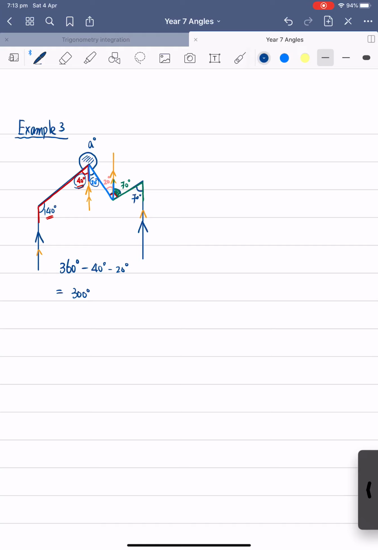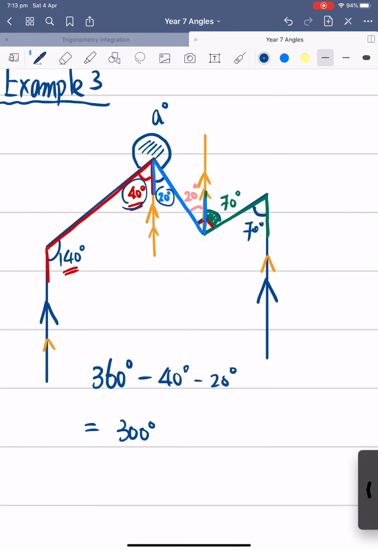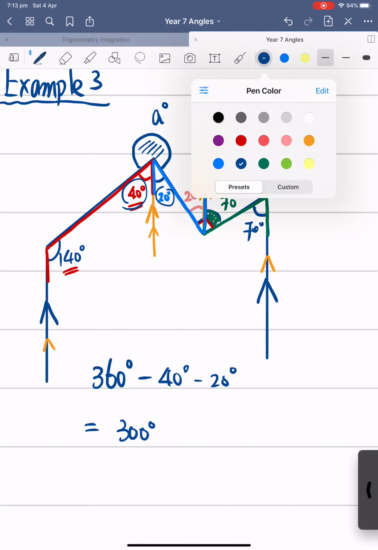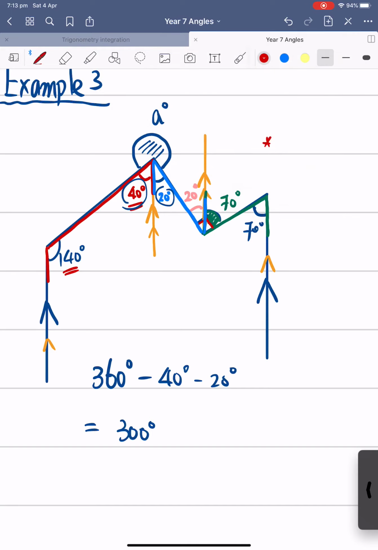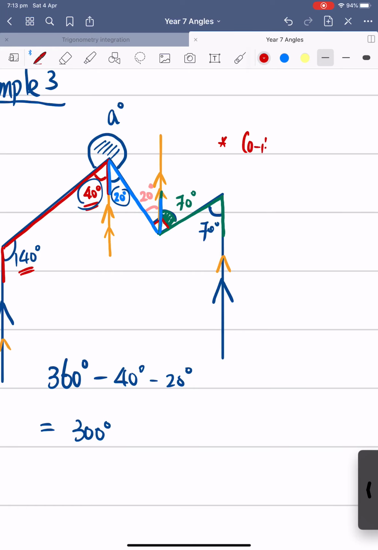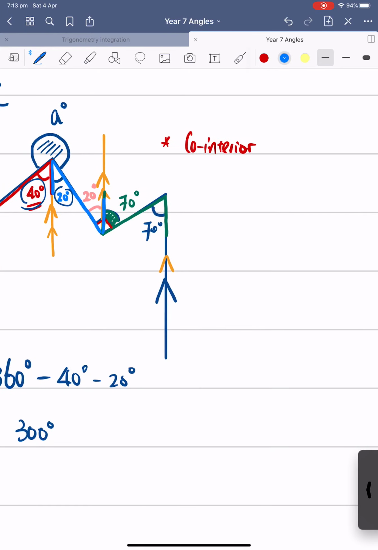All right, very interesting. It's a hard question here, but it's really interesting that you are using so many properties in parallel lines. So you have one alternate angles. So I'm just going to write it here. So one co-interior angles, and I'm going to color code it. And then we've got alternate angles in this color.